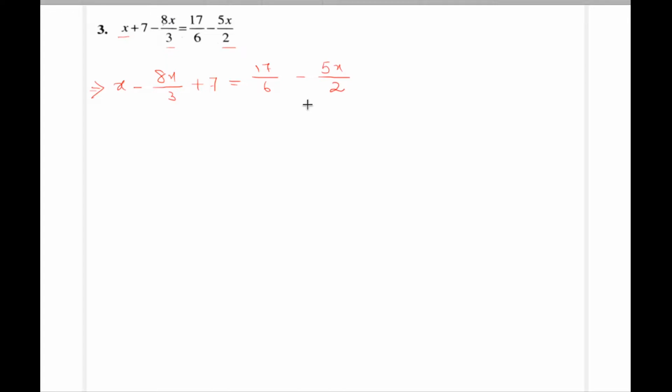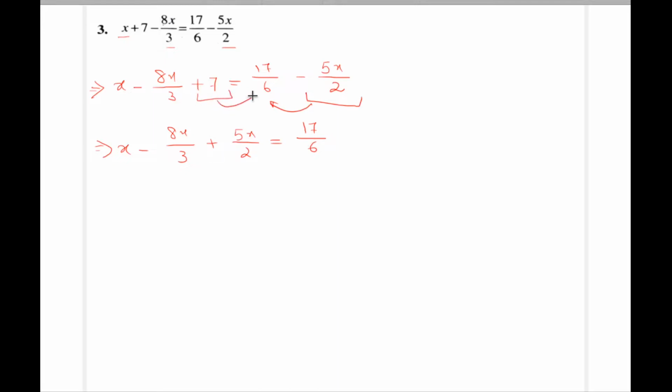Now in the other side of the equal sign, one more variable is there. So we have to bring them together. So first we will write down the variables which are there in this side. Then this minus 5x by 2, when we take it to the other side, it will become plus 5x by 2 equals 17 by 6. It is there already.